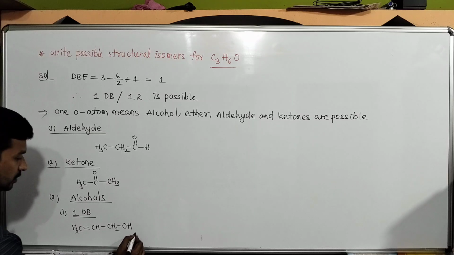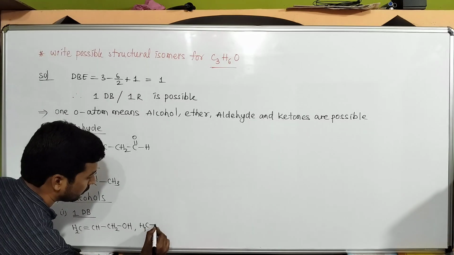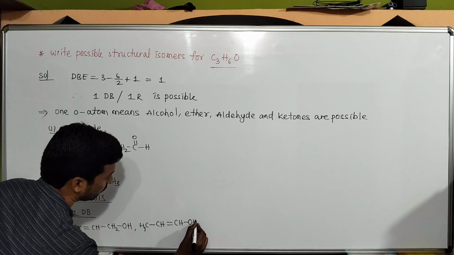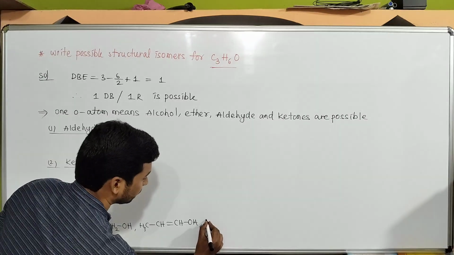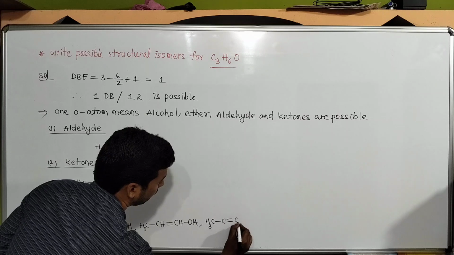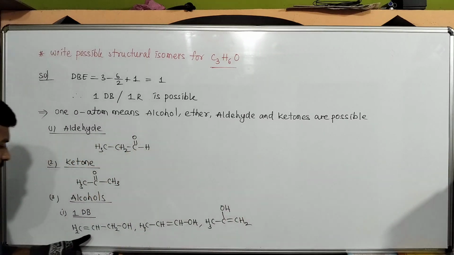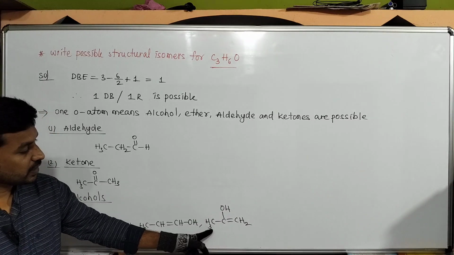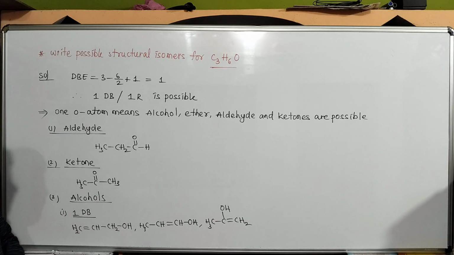Next, shift the double bond: CH3 single bond CH double bond CH single bond OH. This is possible. Next, third one, CH3C double bond CH2OH. In all these 3, carbon atoms are 3 only, hydrogen atoms are 6, oxygen 1. That means with a double bond this is possible.